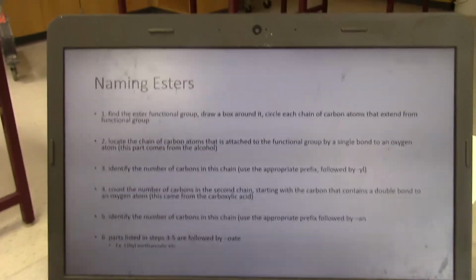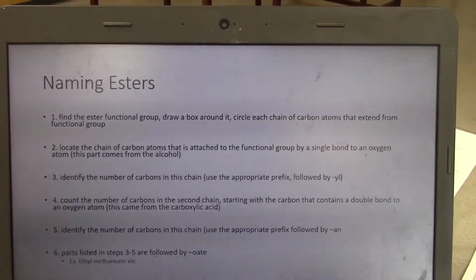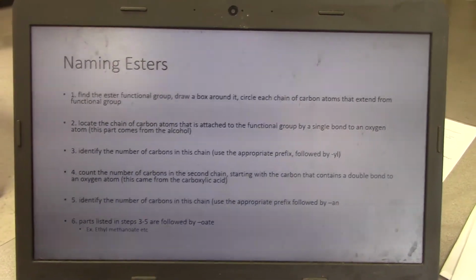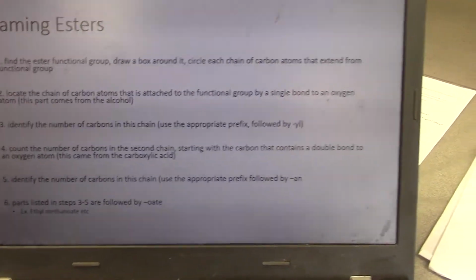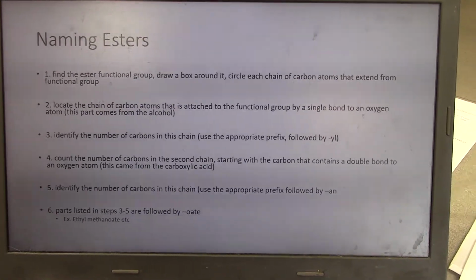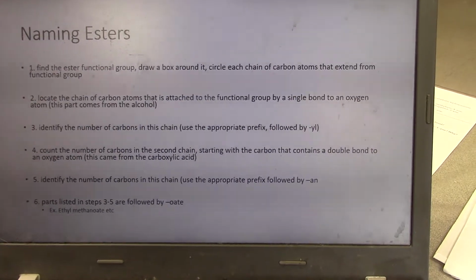Naming esters, I'm going to give you a bunch of examples here. You find the ester functional group, draw a box around it, and circle each chain of carbon atoms that extends from the functional group. Locate the chain of carbon atoms that is attached to the functional group by a single bond to an oxygen. This is the alcohol part. Identify the number of carbon atoms in this chain and then name that YL.